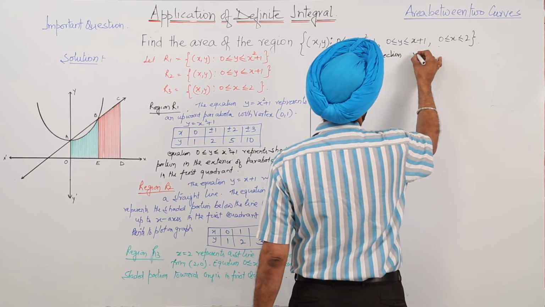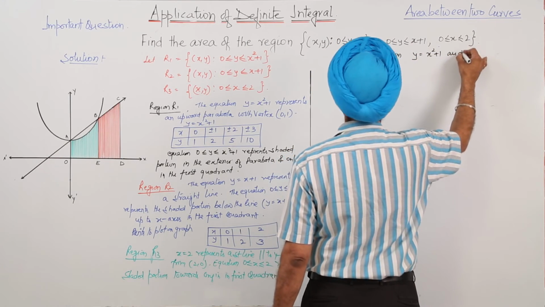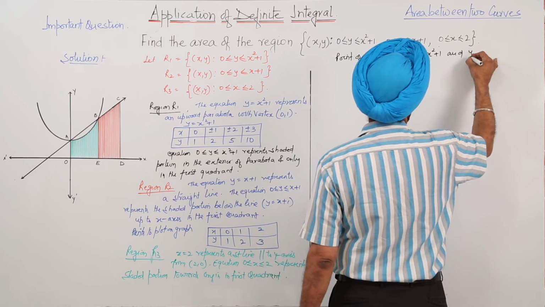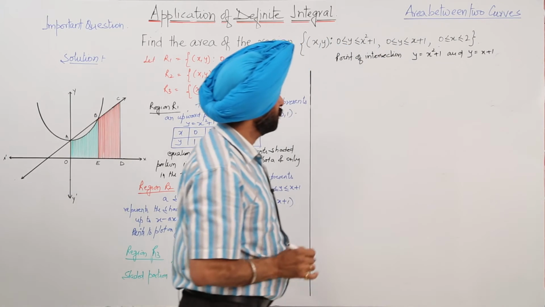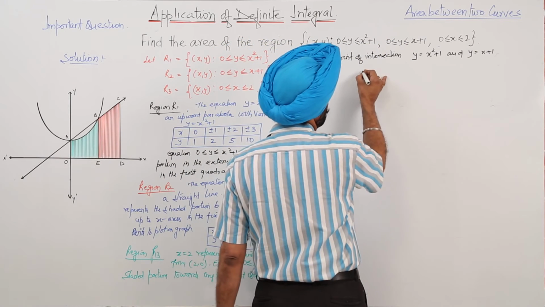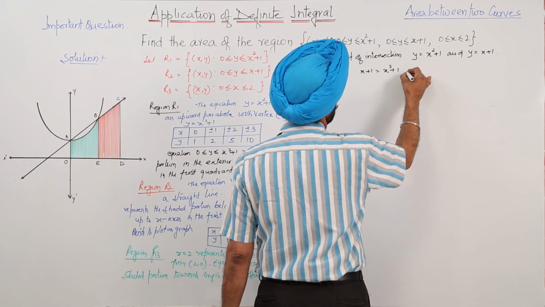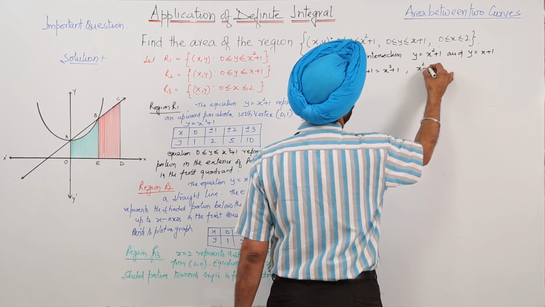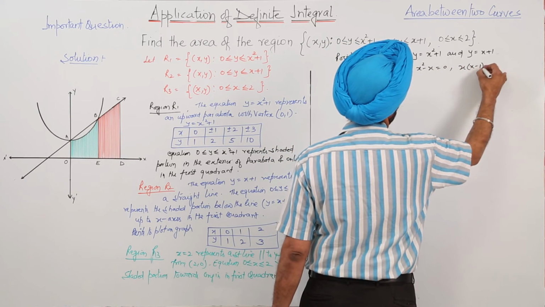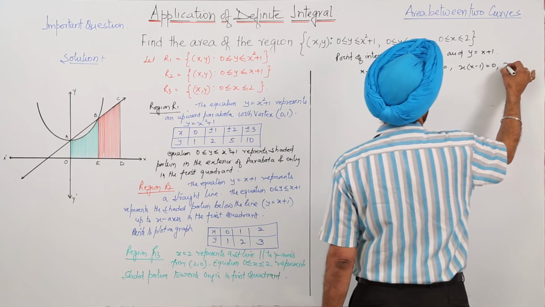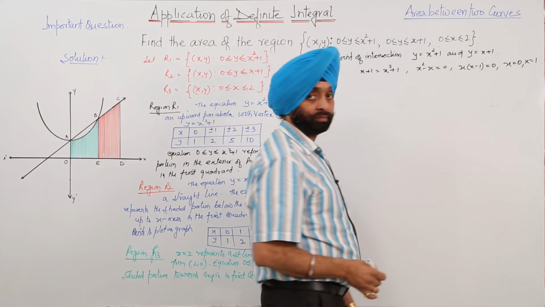Now, y is equal to x² + 1 and y is equal to x + 1. Now, x + 1 is equal to x² + 1, or we are getting x² − x is equal to 0, x(x − 1) is equal to 0, x is equal to 0 and x is equal to 1.